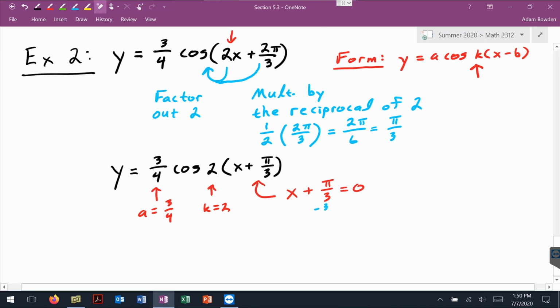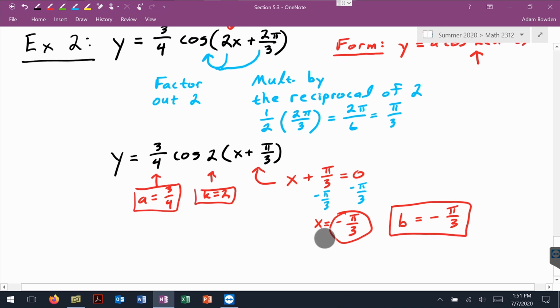Subtracting pi over 3, we get x equals negative pi over 3. That's going to be the number that we can use for b. b is equal to negative pi over 3.